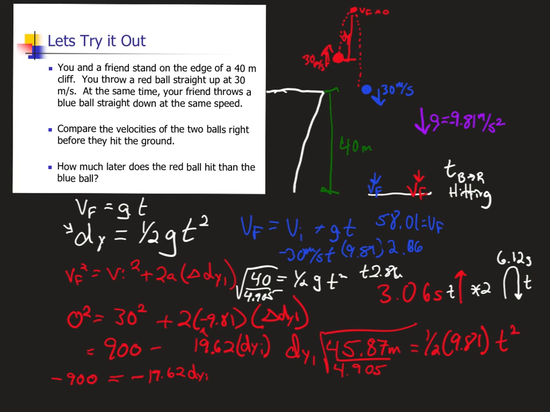Now, coincidentally, the velocity that the red ball had when it was thrown up is also going to be 30 meters per second when it's coming down. In the negative, obviously, but it's going to have that same velocity. So they're both going to have the same velocity.